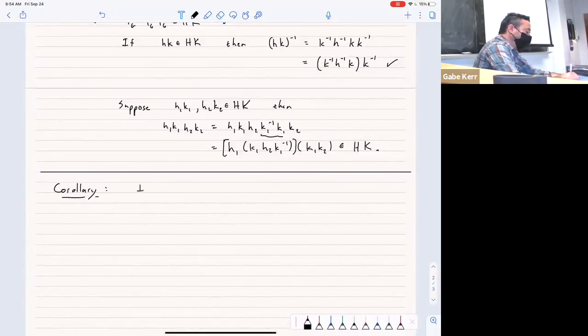So let's assume n and m are relatively prime, meaning their greatest common divisor is 1.